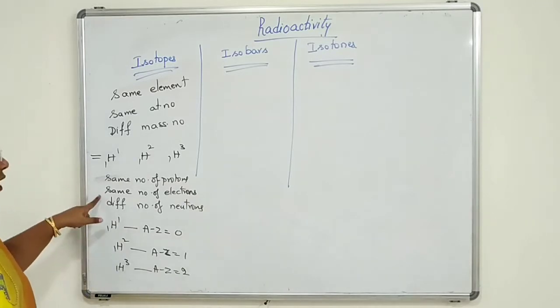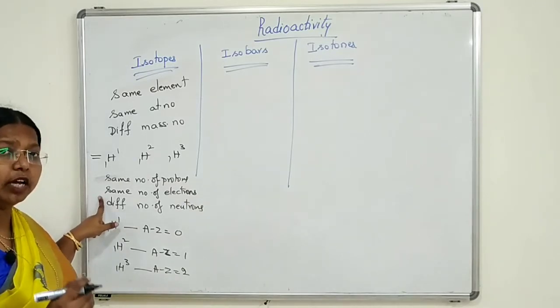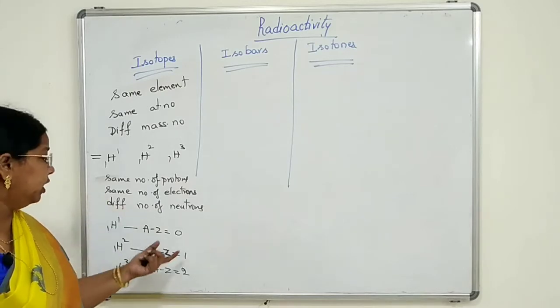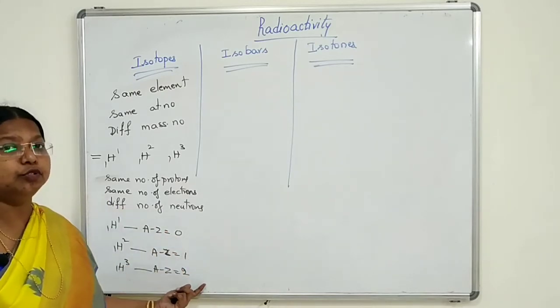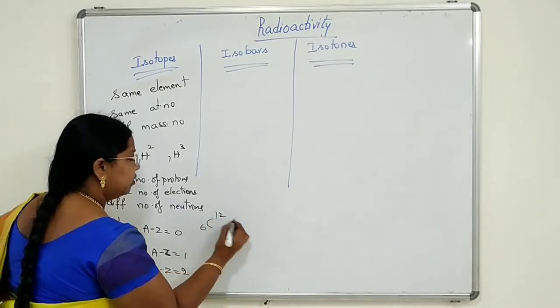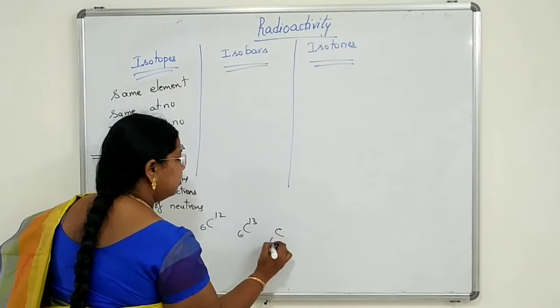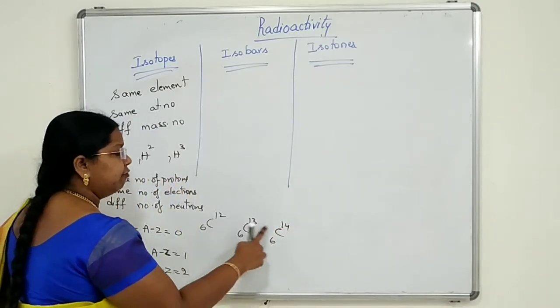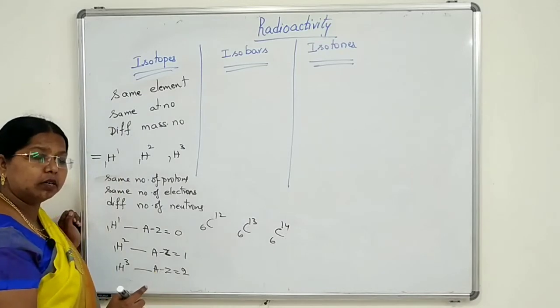Now, as the number of electrons is the same, chemical properties will also be the same. They differ only in the number of neutrons. Many examples, students. Carbon 6 12, carbon 6 13, carbon 6 14. Same element, same atomic number, but different mass number.